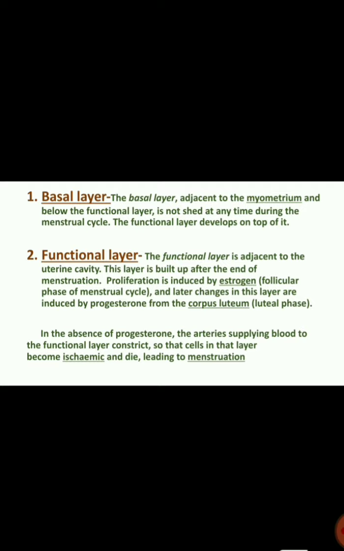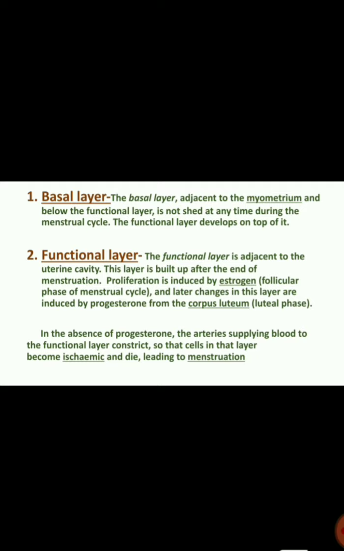The thickening of the functional zone occurs due to the effect of estrogen in the first half, and in the second half from progesterone. We will discuss the cyclic changes of the functional zone later. It has 4 phases: regenerative phase, proliferative phase, secretory phase, and menstrual phase.